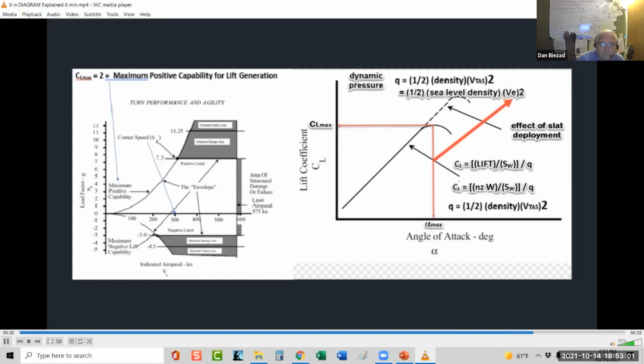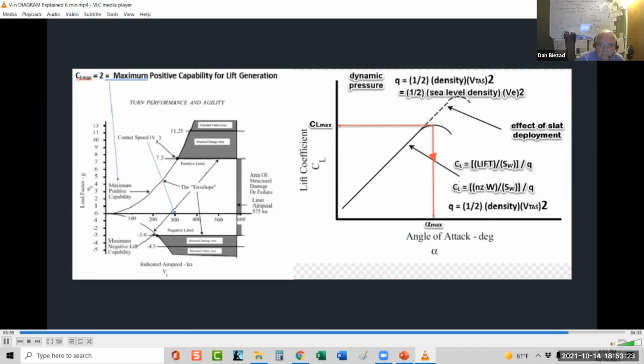Well, you take the square root of 7.5, and that number is about 2.7 times the 1G stall speed, and you can read it off here. It's going to be right around 300 knots for this particular one.